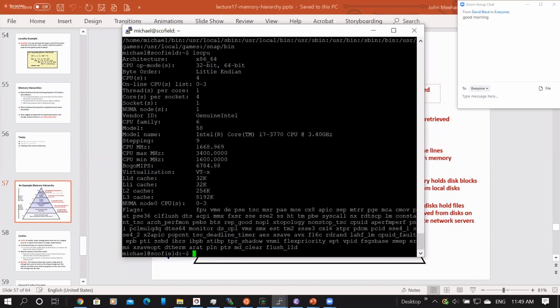But fortunately, all of these Core i7s have pretty much the same cache profile. Some of the later ones might have a bigger L3 cache than this Ivy Bridge one, but in general, they're going to line up pretty much like 32K for each of the L1s and 256K for the L2.